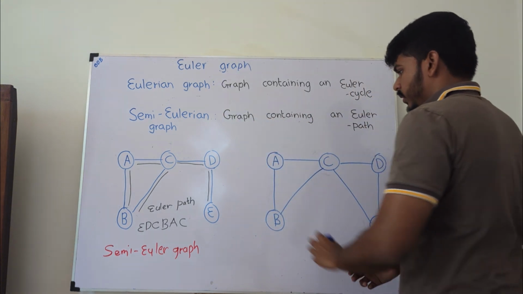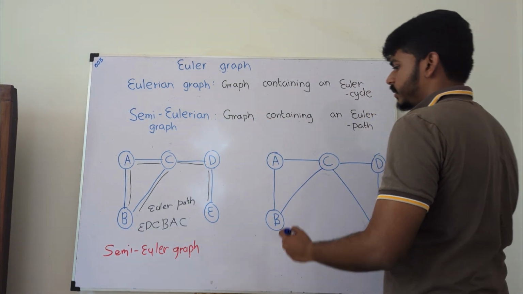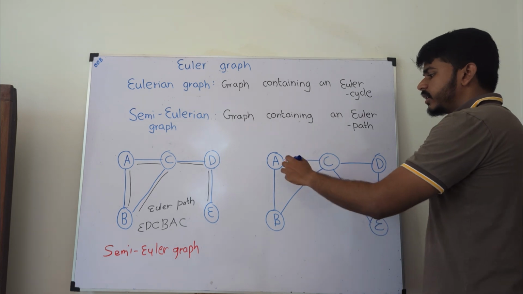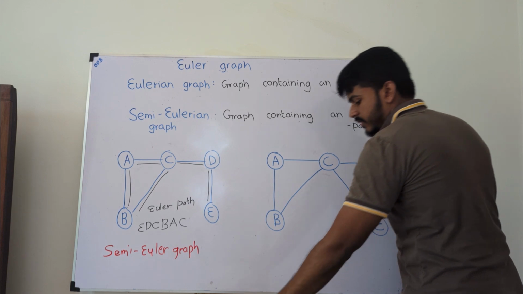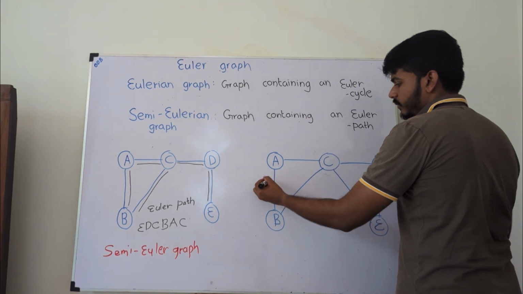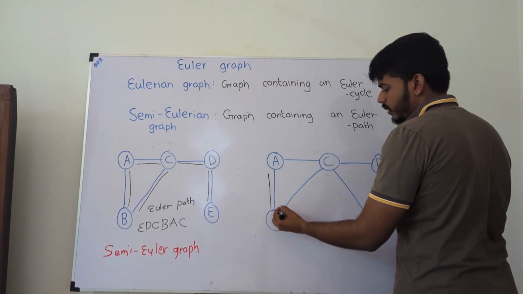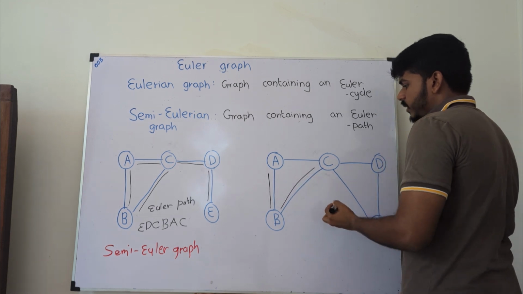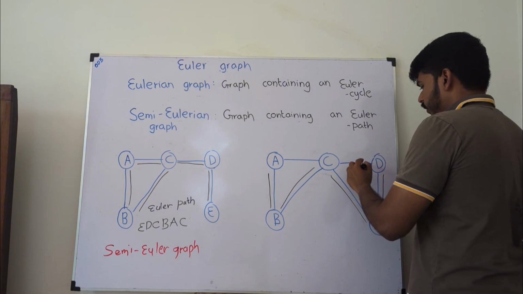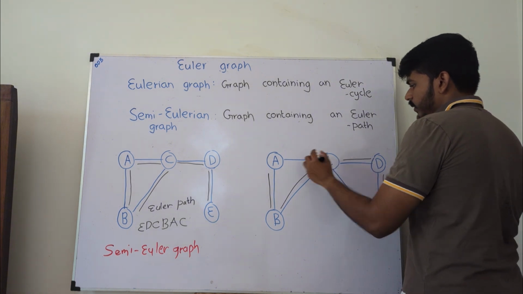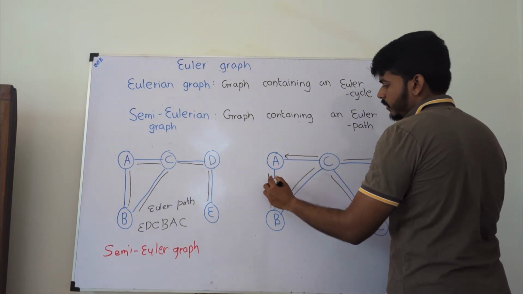Then I am going to come back to this right side example. In this, all the degrees are even. We can start at any vertex. First, I am going to start at vertex A, then go to B, then go to C, then go to E, then go to D, then go to C, then come back to A again.